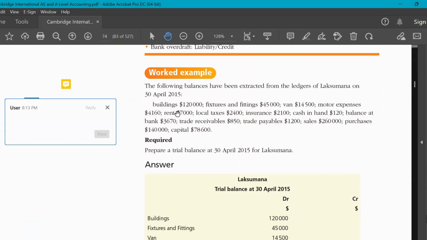Okay, so for example, buildings. When we say buildings, it's the shop or property owned by the business. This type of account, obviously, buildings is a long-term asset. So it appears on the debit side. Again, building is an asset, definitely on the debit side.